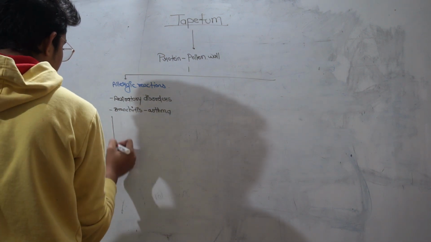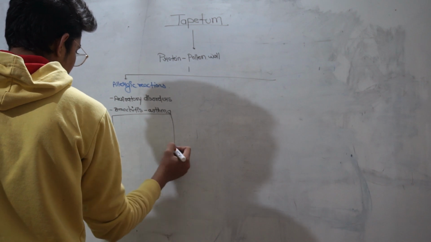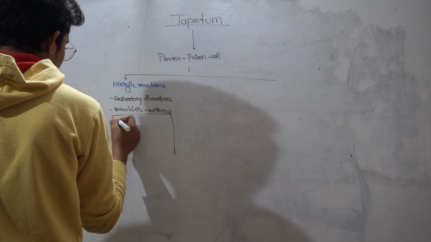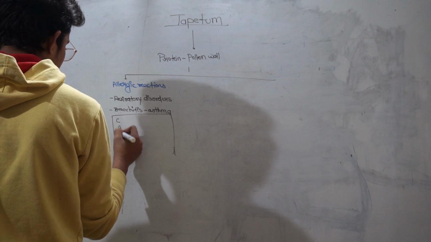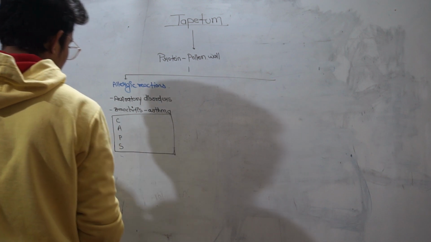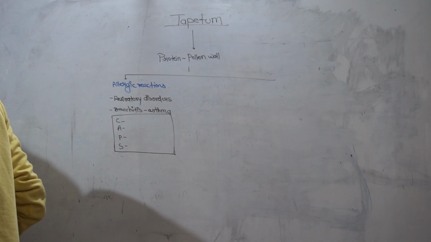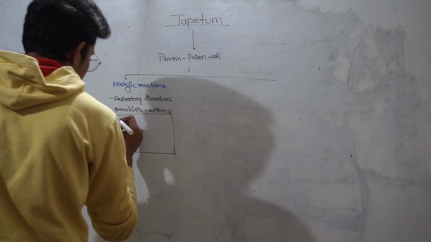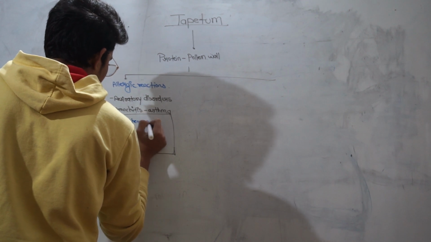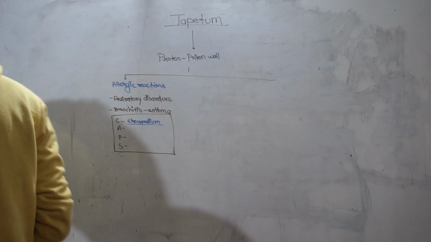Now I am citing some examples which you can learn by the code word which I am giving, that is CAPS. What does it mean? C stands for Chenopodium.